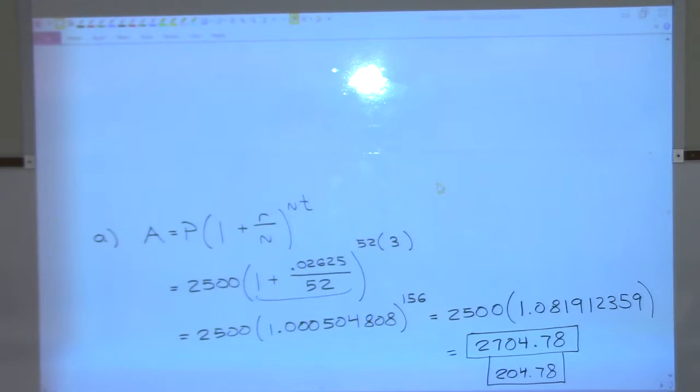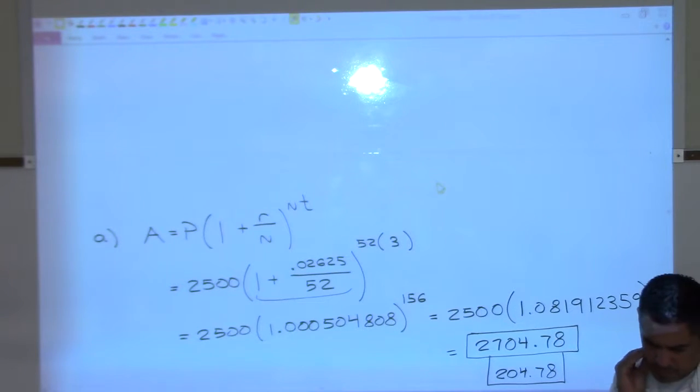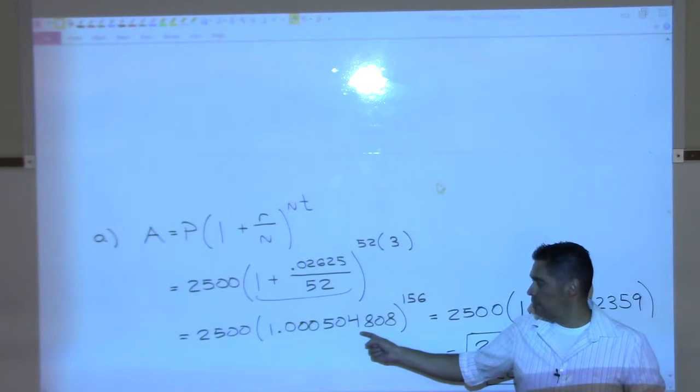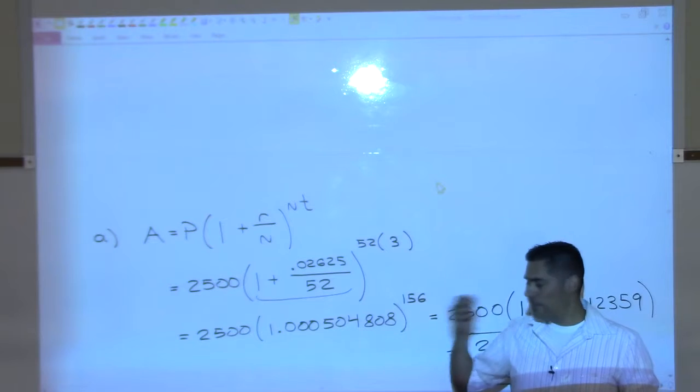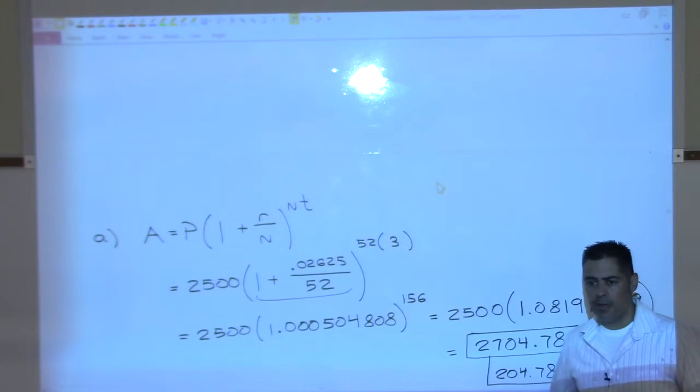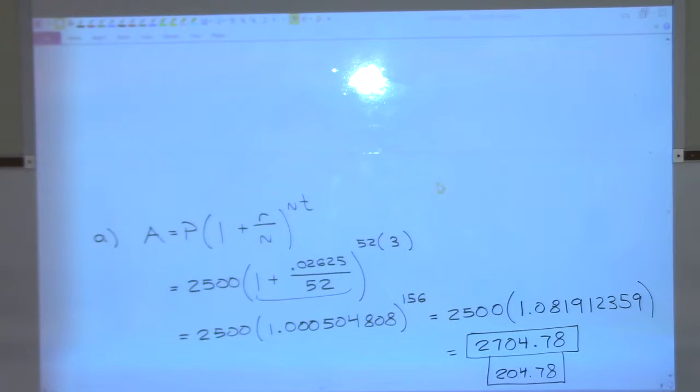My answer was right, but I put 48 instead of 52. So how do you do the power of 156? Is it that y to the x? Yes. So I type in that, and then I type in y to the x. So we started with 2,500, so we subtract that 2,500 from 27.